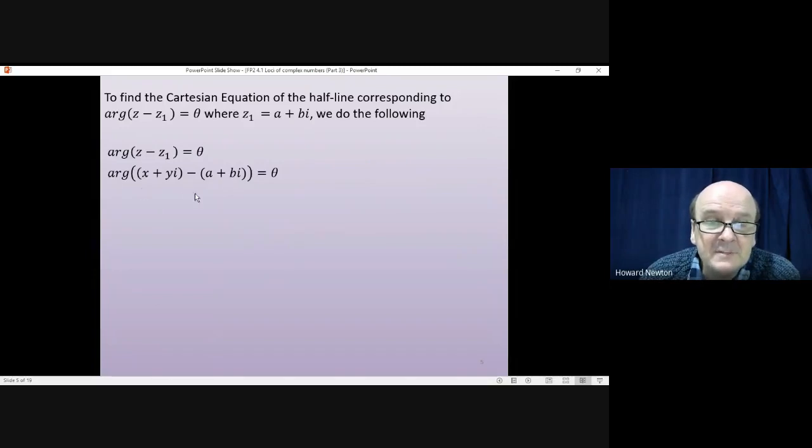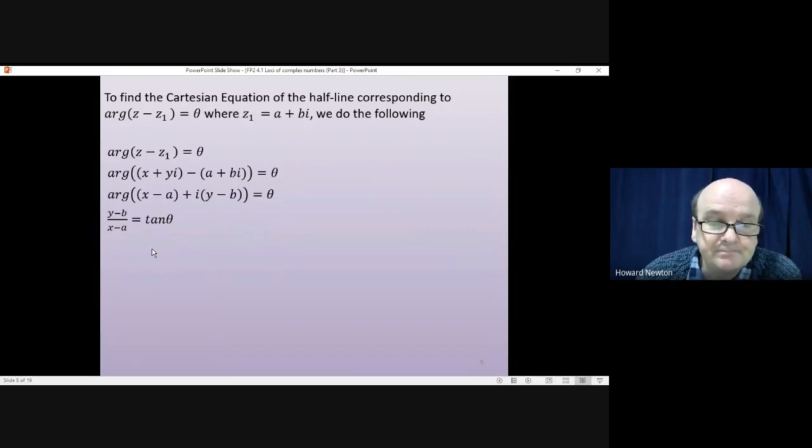That gives you that. Then we collect together the real and the imaginary parts, which gives you that. And then we use the basic definition of how you find the argument in the first place, which is that the tangent of the angle is equal to the imaginary part, y minus b, divided by the real part, x minus a.